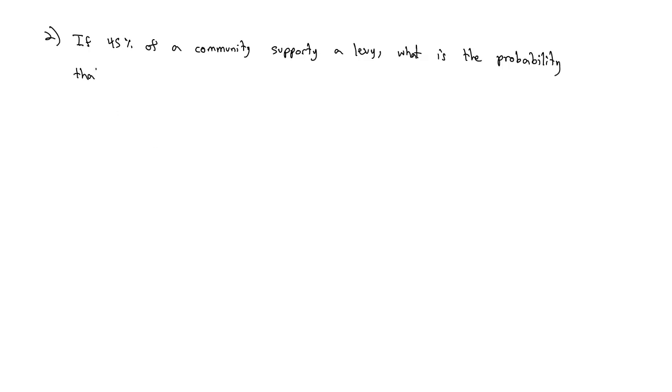For example, if 45% of a community support a levy, what is the probability that 5 out of a group of 10 people support it?